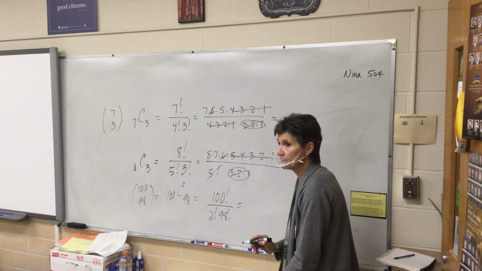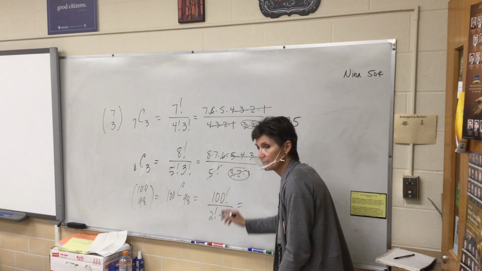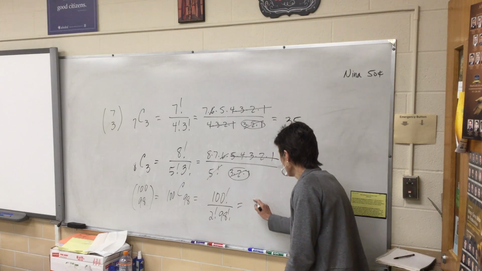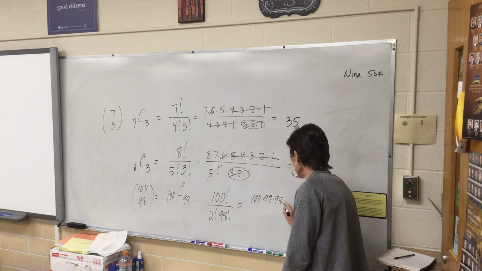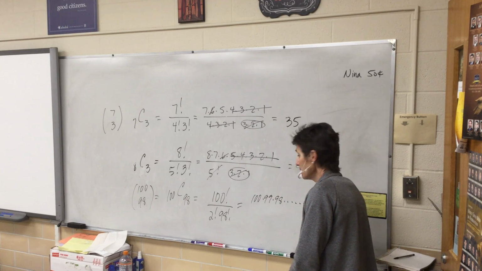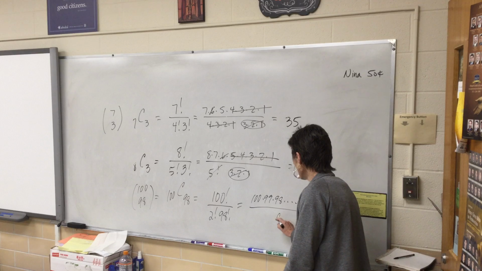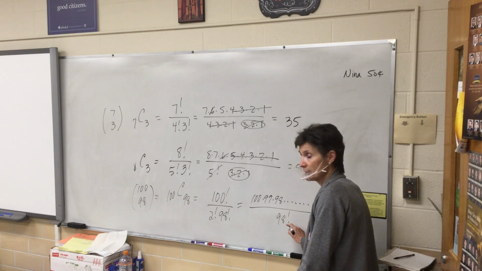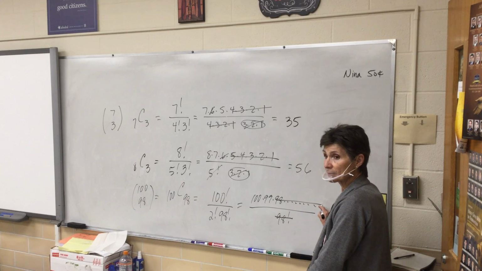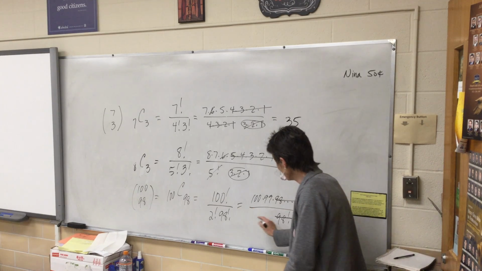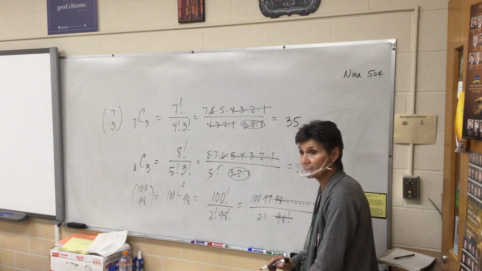You in agreement? Okay, now what does 100 factorial mean? 100 times 99 times 98 and so on. But notice in the bottom, don't you have a 98 factorial? So isn't that going to cancel with all of that? And the only thing you really have left in the bottom is a 2 times 1.